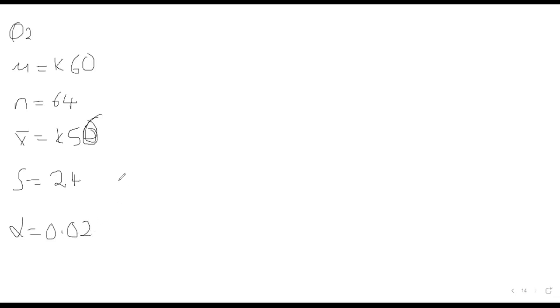We're going to conduct a test the way we did it. Step 1, state the hypothesis. Somebody help me. What is our hypothesis? Our mu is what? 60. 60, correct. And here mu is not equal to what?